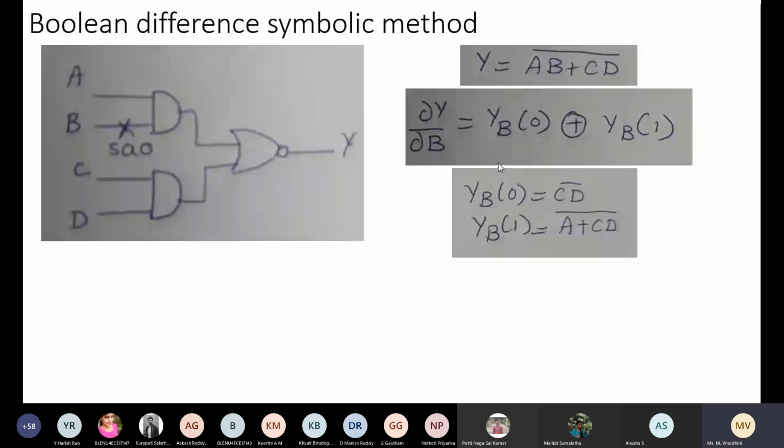Please everyone solve. CD bar XORed with A plus CD whole bar.